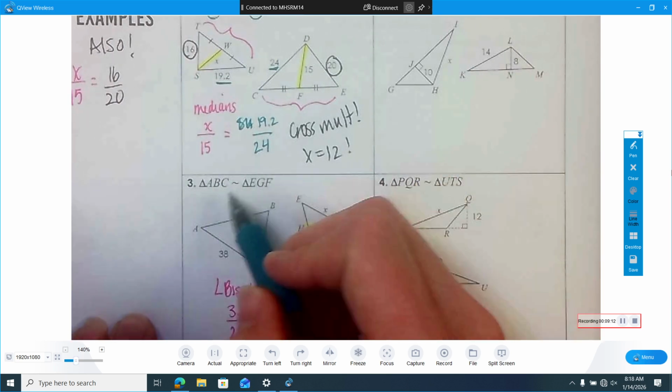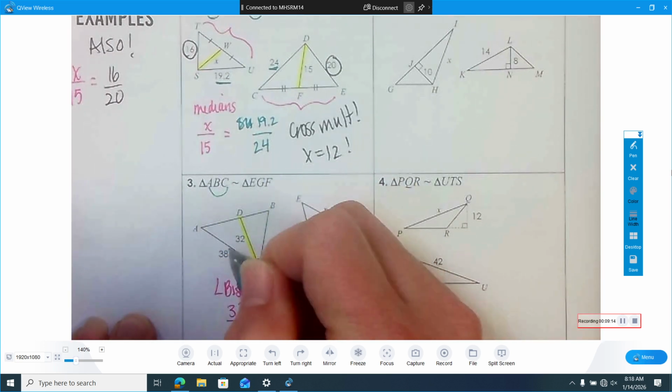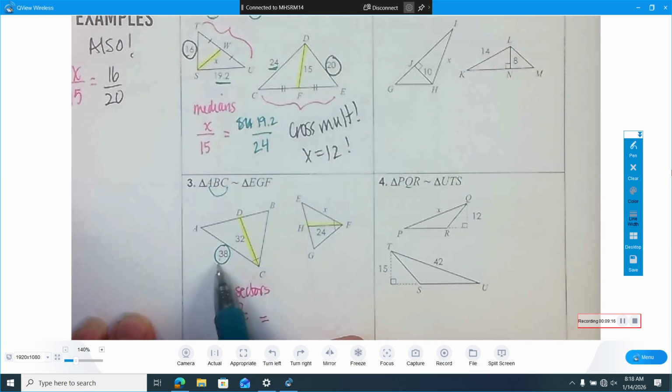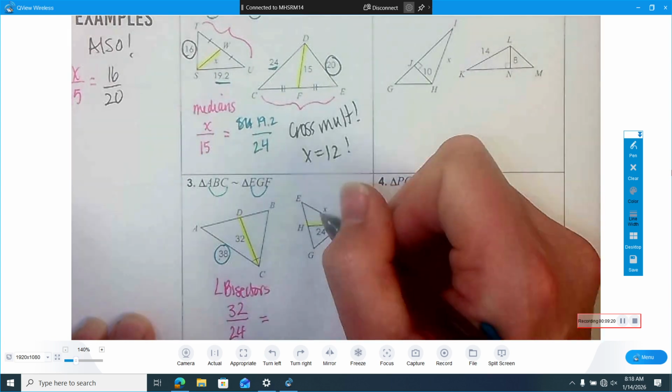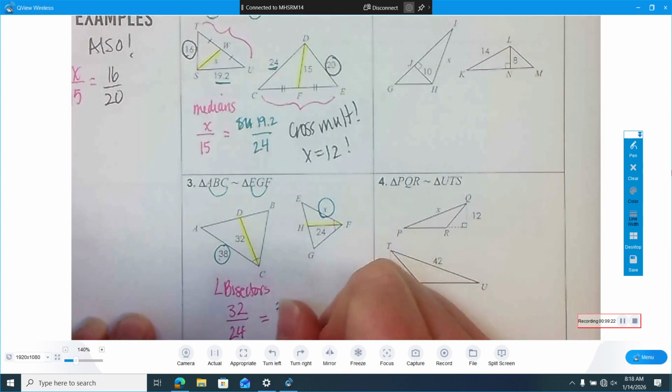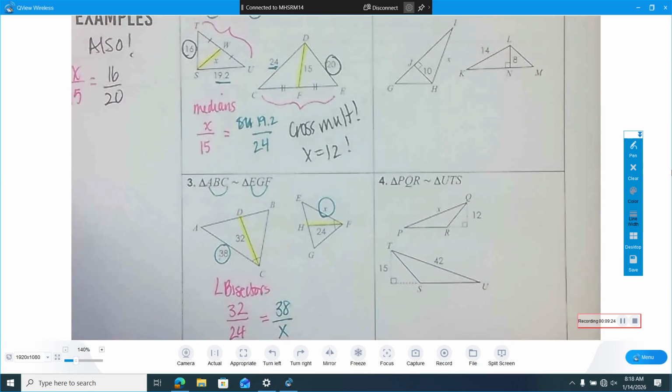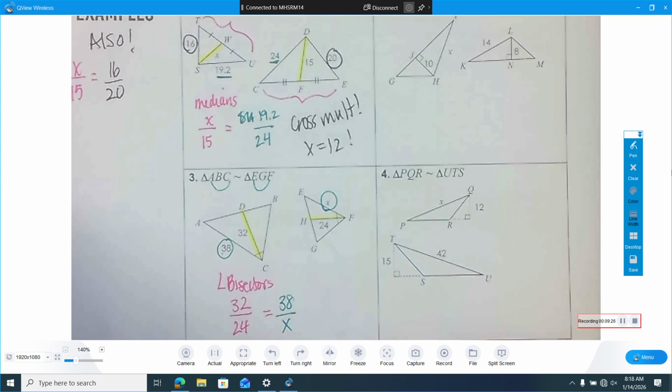AC. Yeah, AC. I have that information. I have information about AC, and then that's going to correspond with EF, which is right there. So 38 over X. And of course, I think you know how to solve for that.